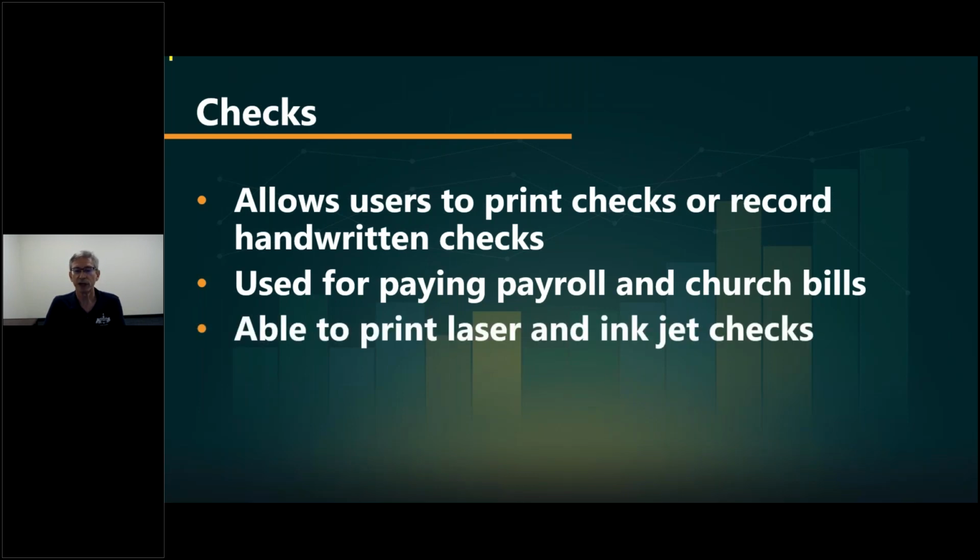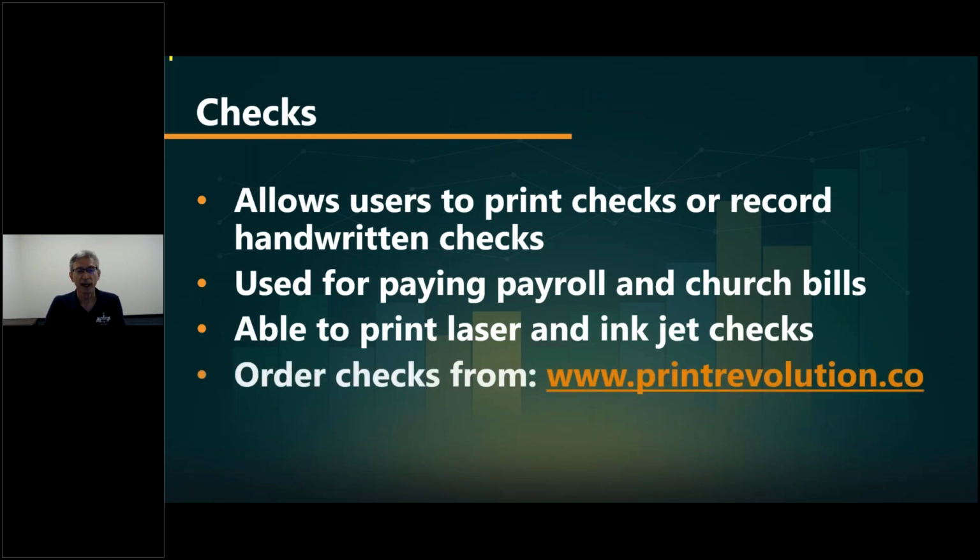You're able to print laser and inkjet checks through the system. And if you are interested in printing checks through the system, we do have a particular check form that we use, and those checks can be purchased from a company called Print Revolution.